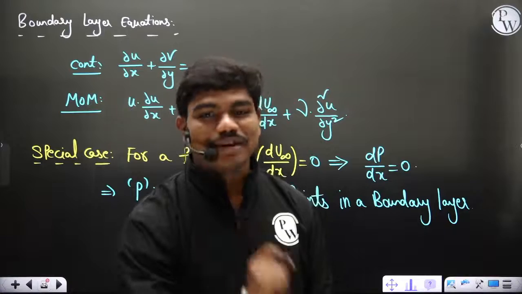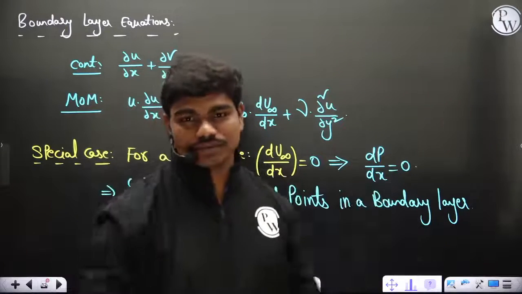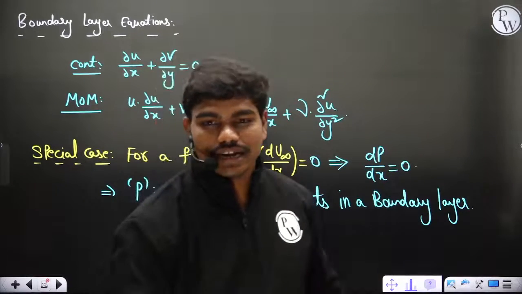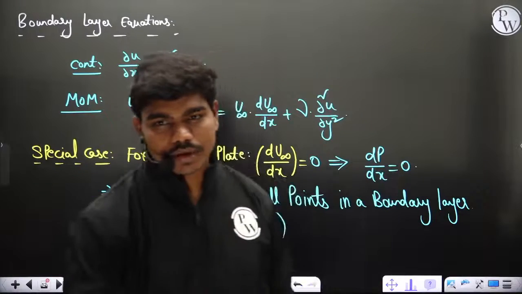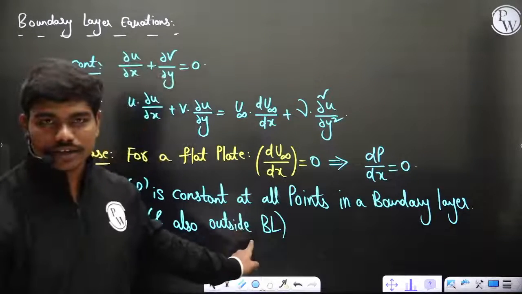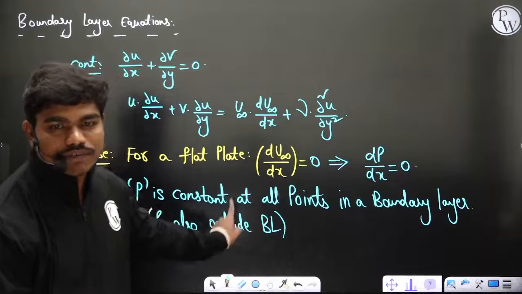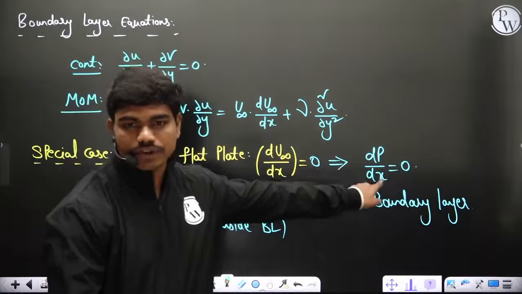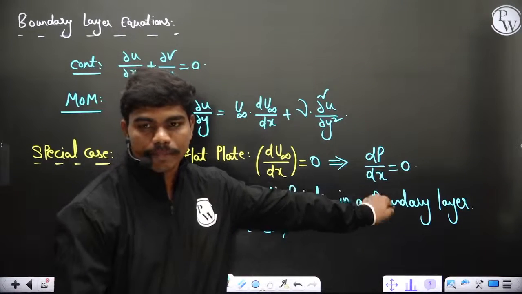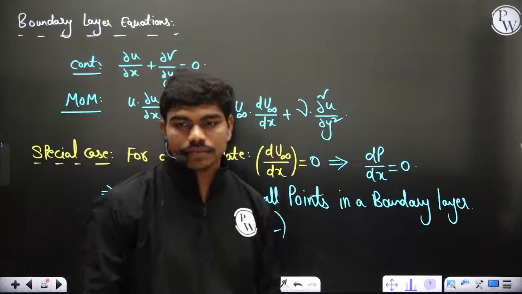For a flat plate, pressure is constant all over, which is one of your GATE questions again. So p is constant in case of a flat plate, only a flat plate. If it's a cylinder or sphere, this is not 0.